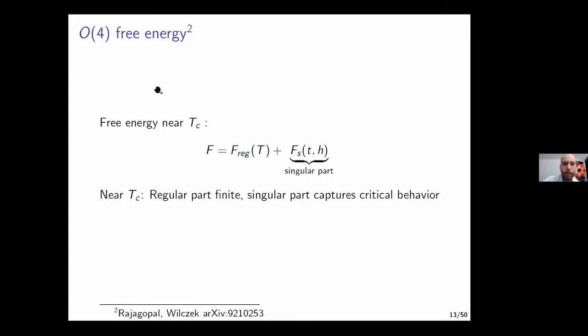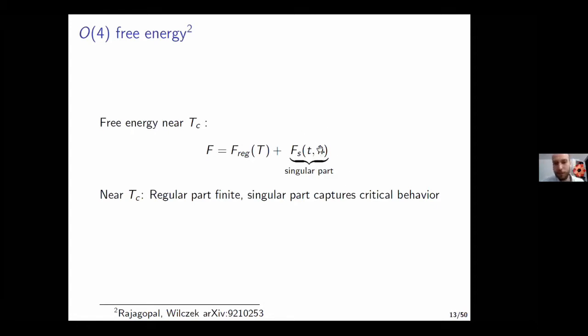You have some free energy, and when you're near the critical temperature, near a phase transition, you can decompose it into two pieces, a regular piece and a singular part. The regular part near the phase transition is finite and doesn't care much about the critical behavior, whereas the singular part does, and it is the piece that captures the critical behavior.